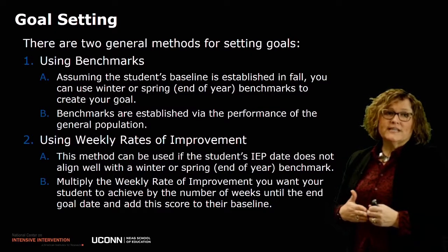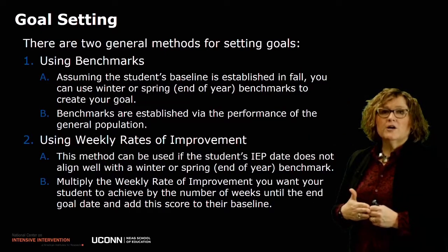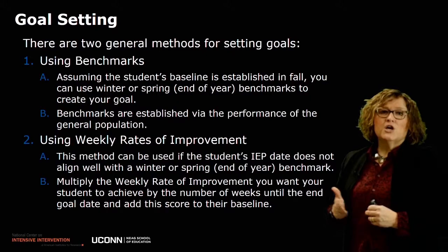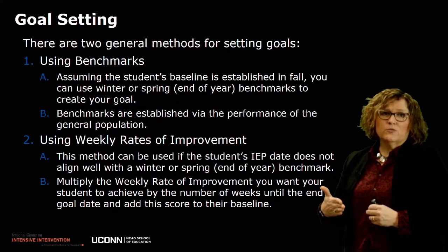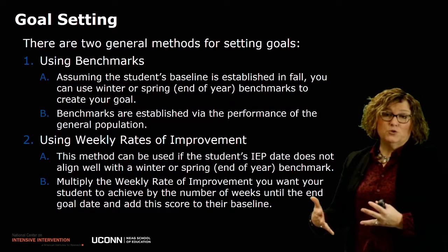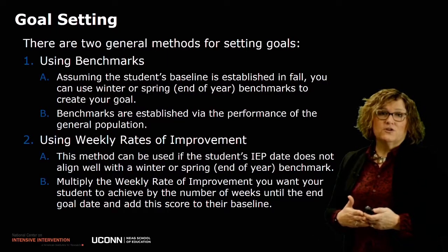Both get you this end point, but in the first case, using benchmarks, you're using an end rate that's already established. Using weekly rates of improvement, you're multiplying a weekly rate times the number of weeks until you want to discontinue progress monitoring, and you're adding that to the baseline.